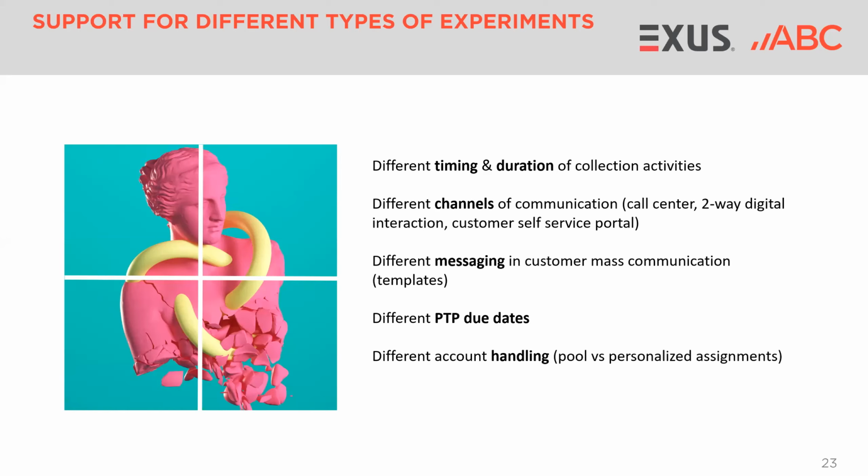You may want to run experiments where you actually change the PDP due dates and see what is the impact of this. And of course, as we have seen in previous use cases, you might want to try different account handling and different prioritization of accounts within certain queues. So you might want to select a segment and apply pull or a personalized assignment.